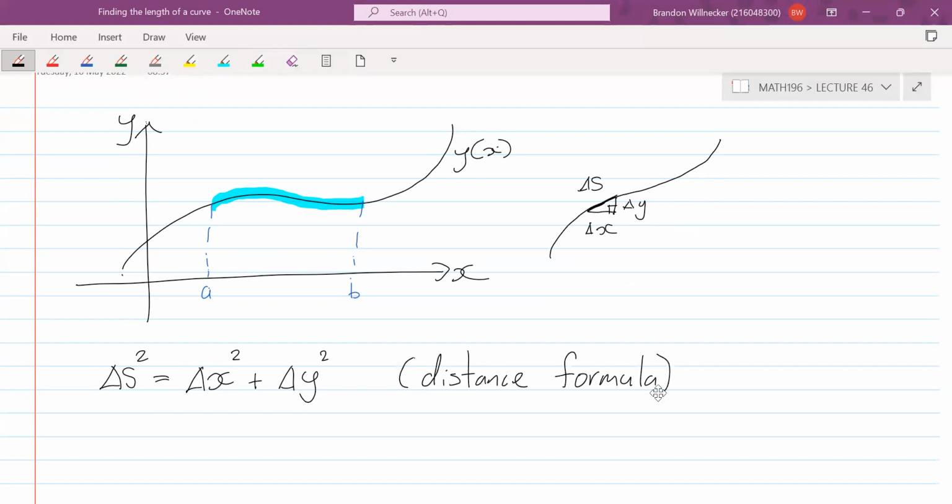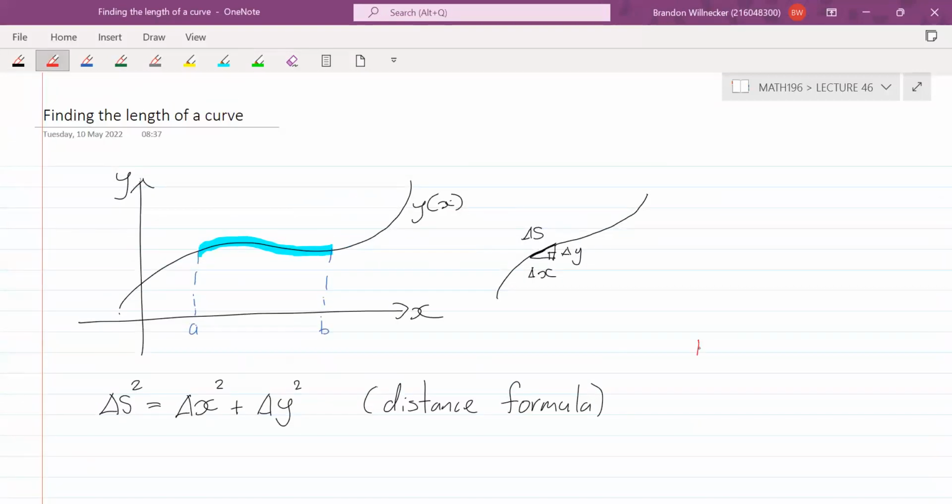Okay. Now, if we take the limit as these little triangles get smaller and smaller and smaller, then these delta s's and the delta x and the delta y, they turn into ds, dx, and dy, similar to in last year when you did your calculus and you found your derivative m, that was delta y over delta x.